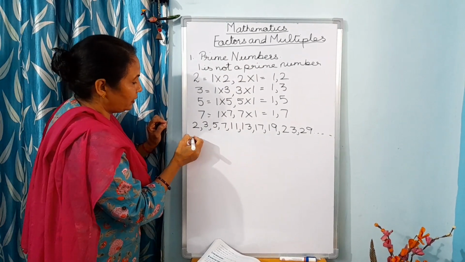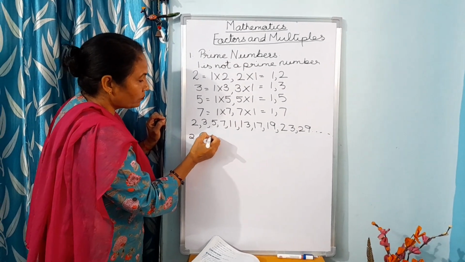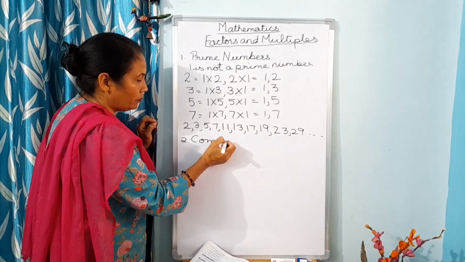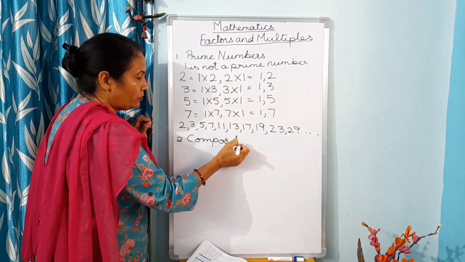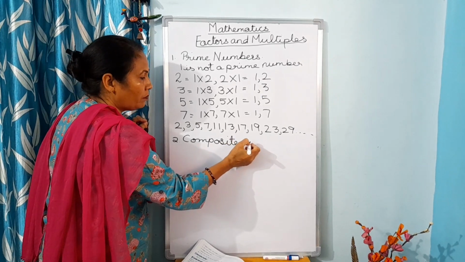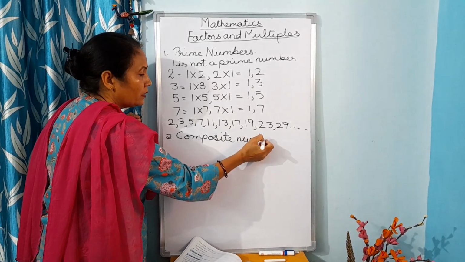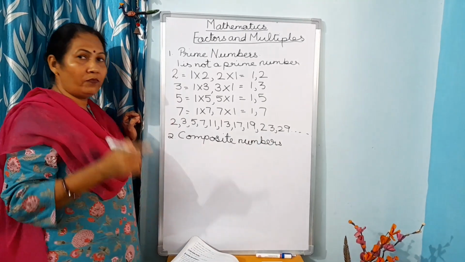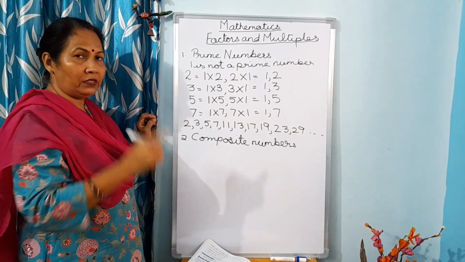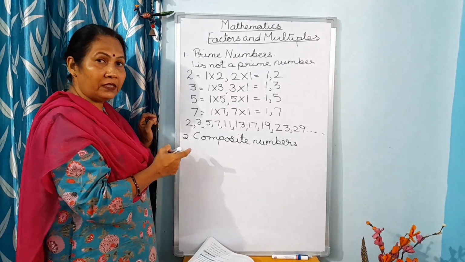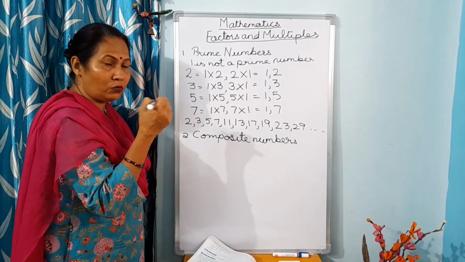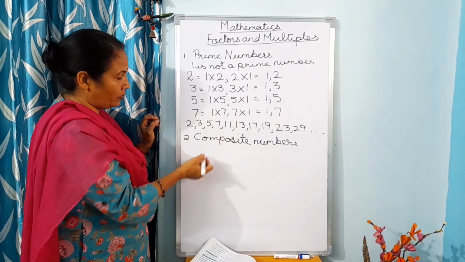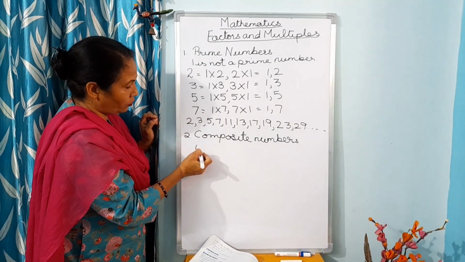Now next is composite number. Now children, composite number means that the numbers have more than two factors. Means they have 1, the number itself, and they have more than two factors. The first number I will take is 4.